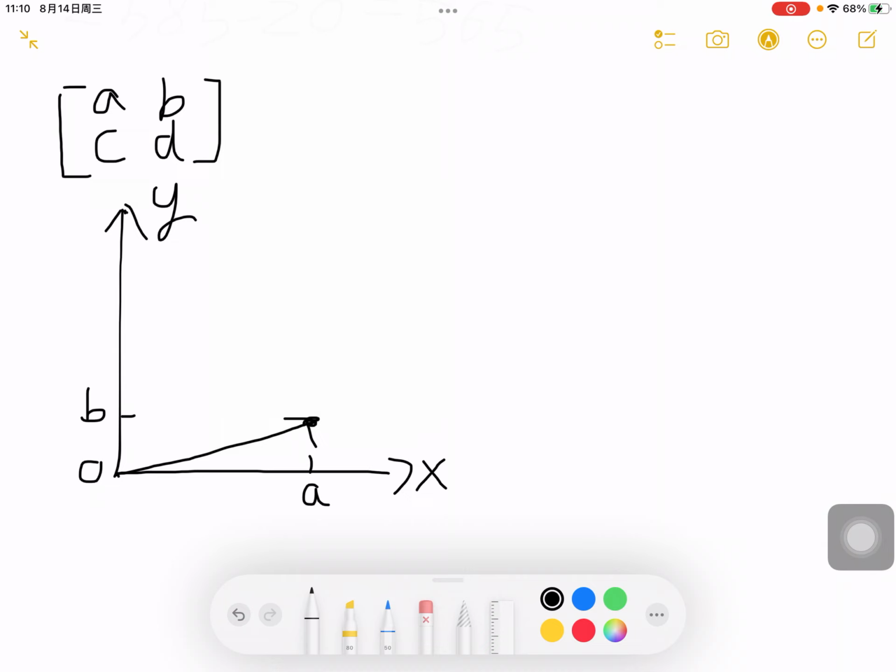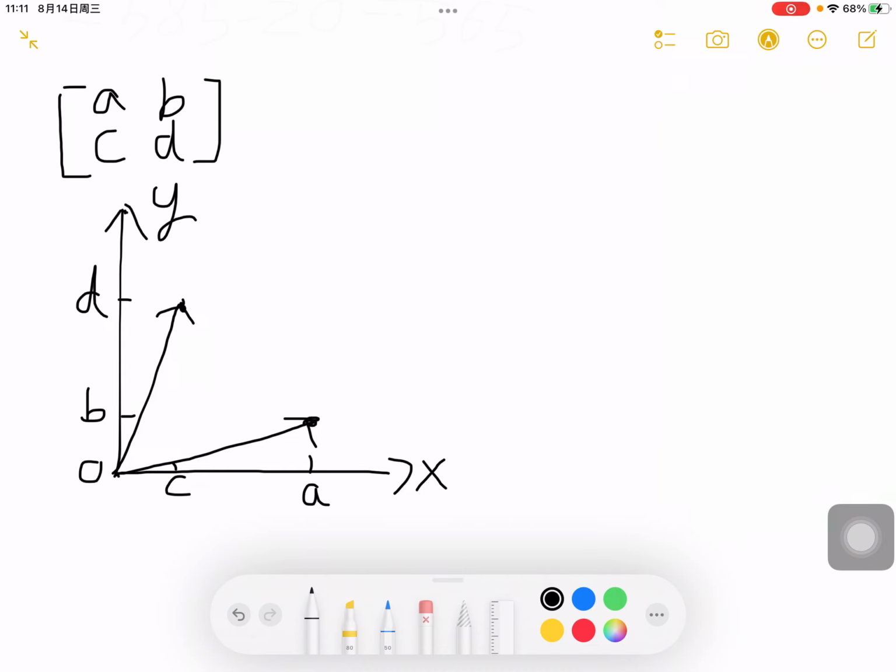So where's CD? Let's just say C is here, and that's D. You know what? I'll make D a bit lower. So we can just draw our vector.